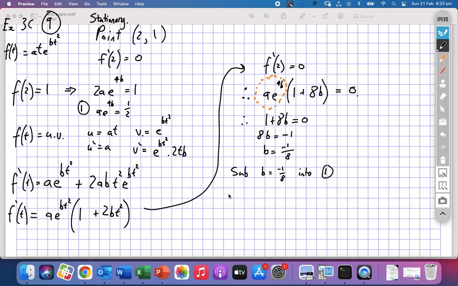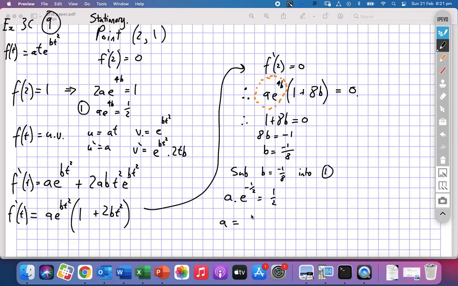So I would get a times, now what's 4 times minus 1/8? 4 times an eighth is a half, or 4 on 8, and it's a minus as well. So I've got e to the minus a half equals a half. I just want to know what the a is.